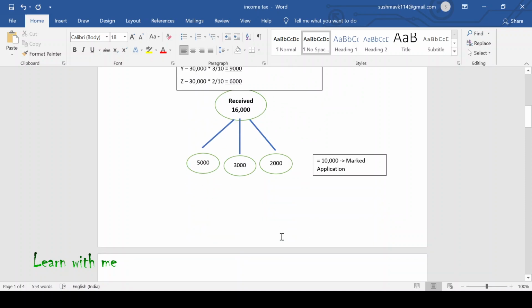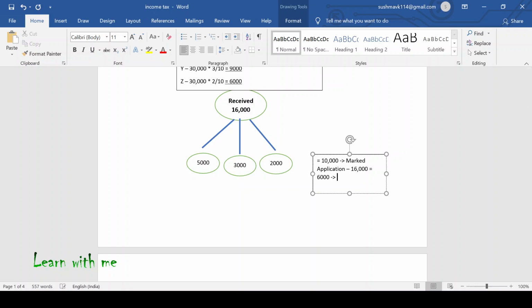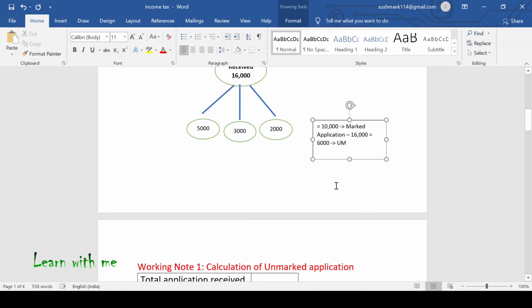So what is the remaining? 6,000 out of 16,000. So 16,000 minus 10,000 gives me 6,000. This 6,000 is the unmarked application, and this is done by the effort of the company.